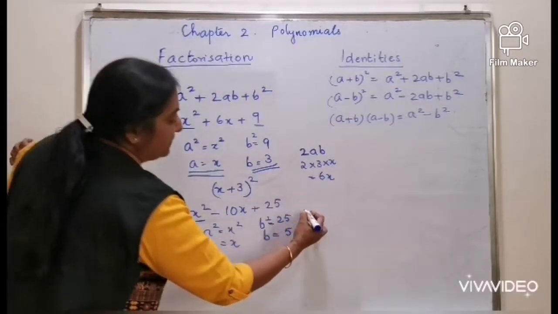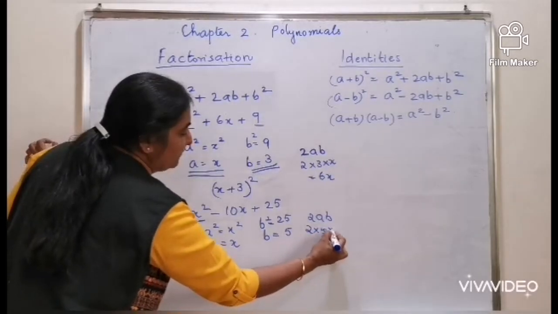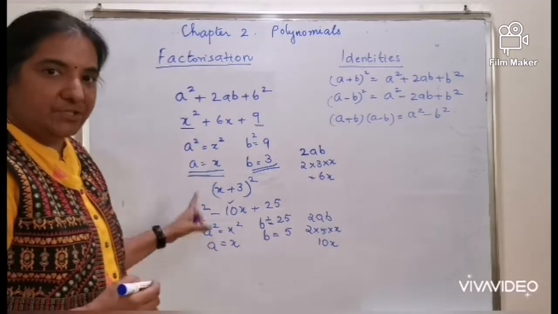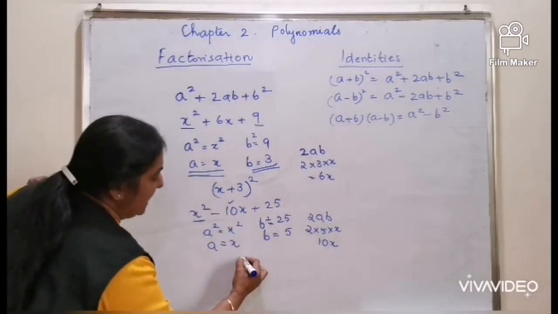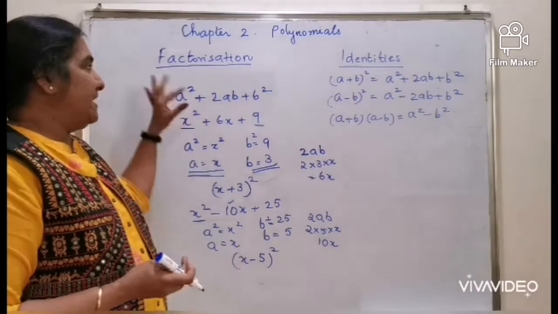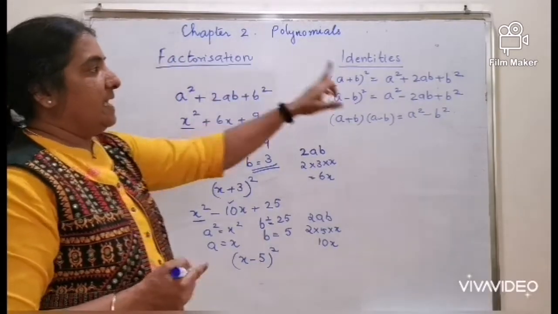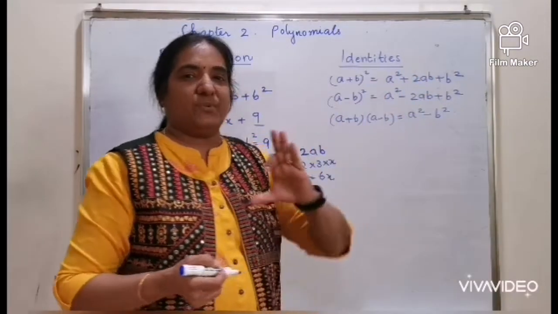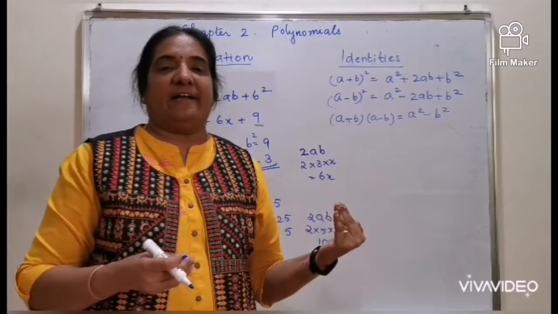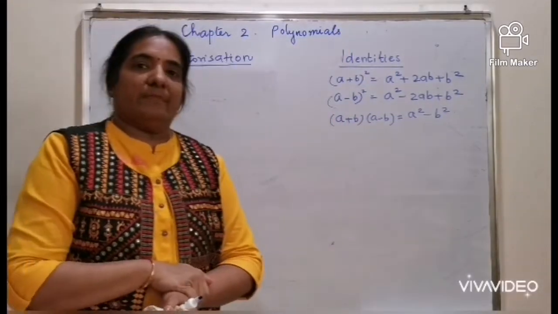You are checking the middle term 2ab as 2 into 5 into x, it is 10x, thus the factors are correct, or you can write it as (x minus 5) whole square. This is the application of a square plus 2ab plus b square, and a square minus 2ab plus b square. When the term is given as a polynomial, you can get the factors by the special products or by identities.